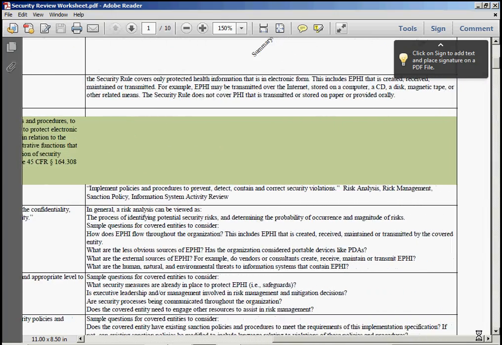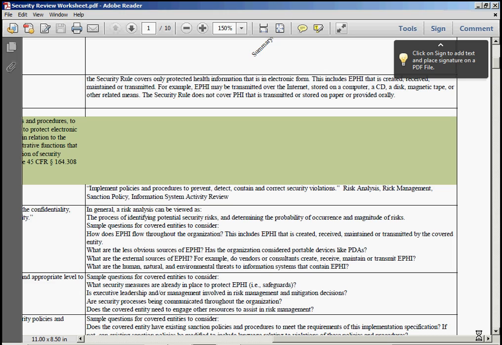In this risk analysis, you need to have a process to identify the potential security risks and determine the probability of occurrence and the magnitude of those risks. Well, I can do that. I can identify my security risks, I can determine how probable they are to happen, and I can determine the magnitude or the effect that those risks might have.